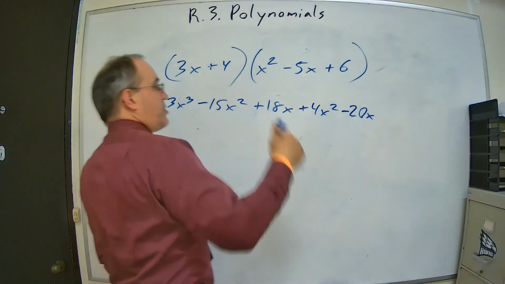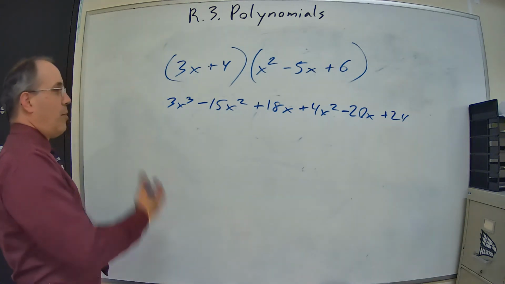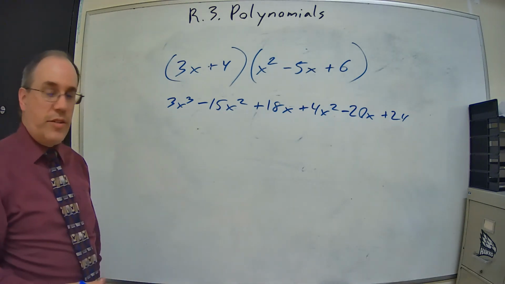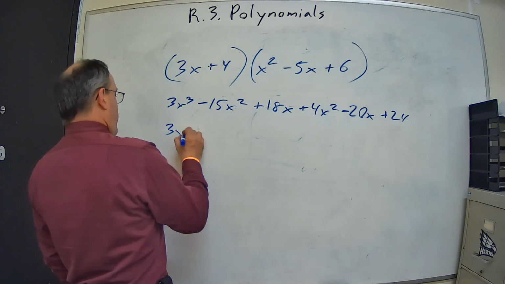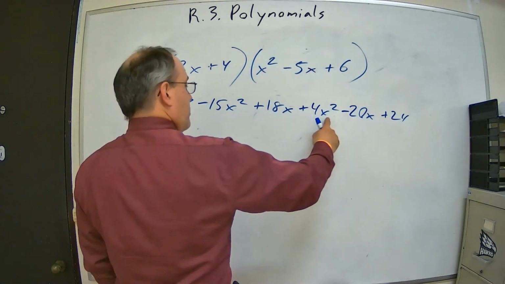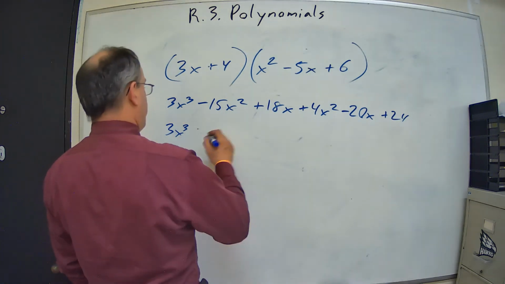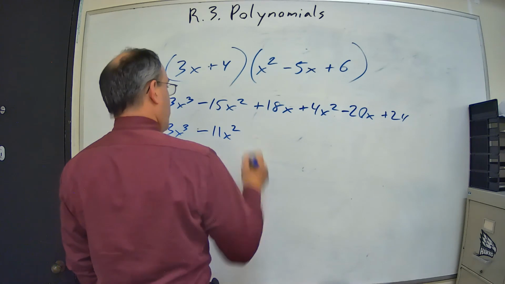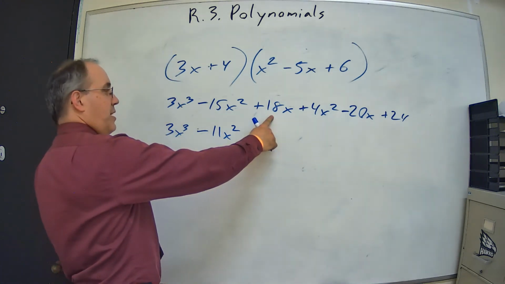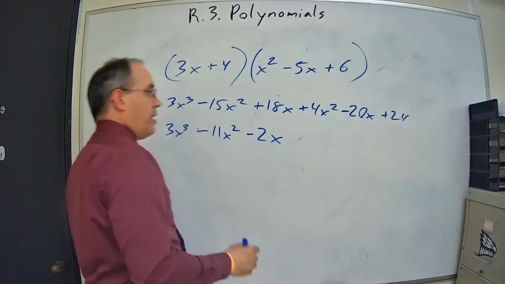And then 4 times 6 is plus 24. And then I can combine like terms while putting it into descending order. And I get 3x cubed minus 15x squared plus 4x squared gives me minus 11x squared, plus 18x minus 20x gives me minus 2x, and then plus 24.